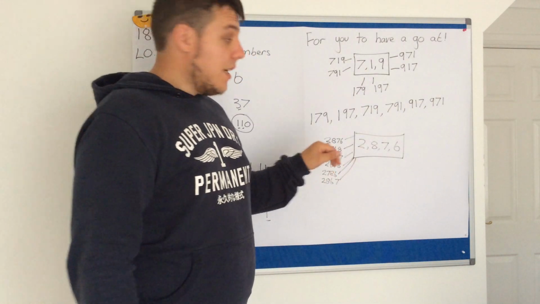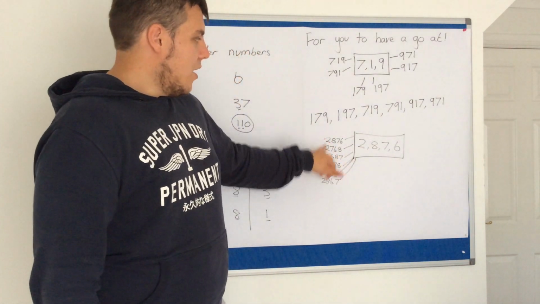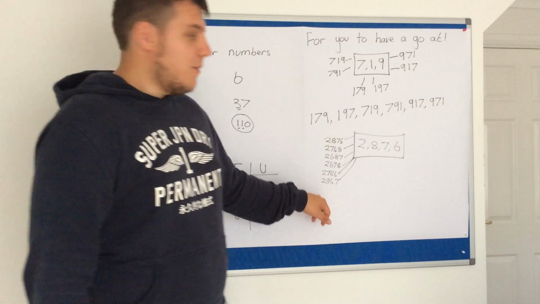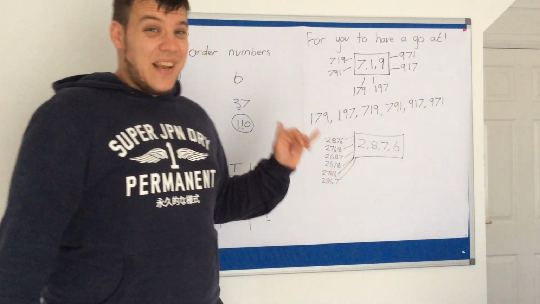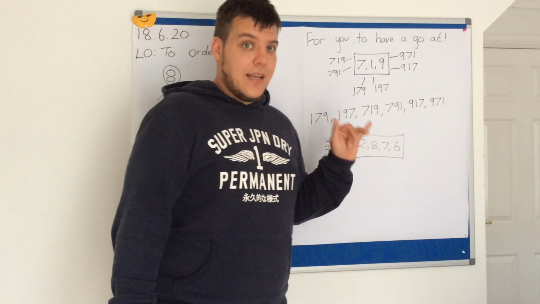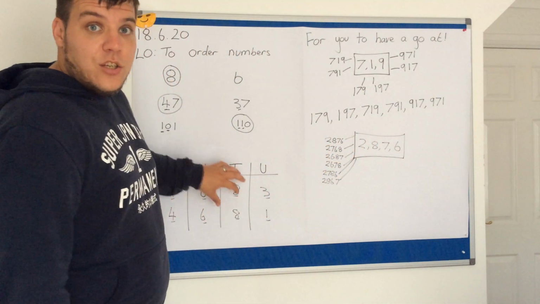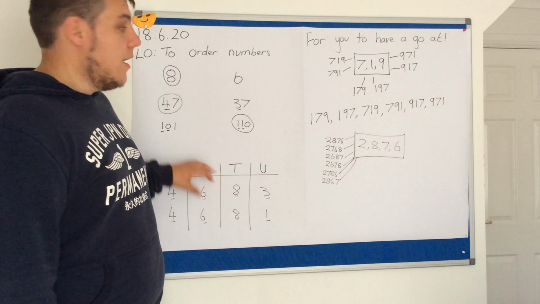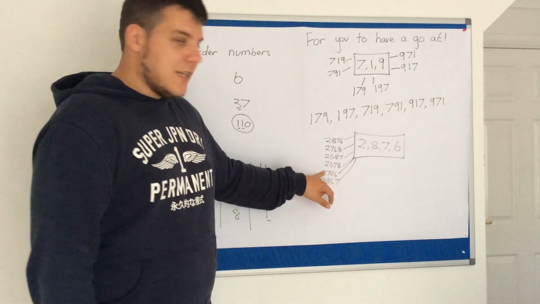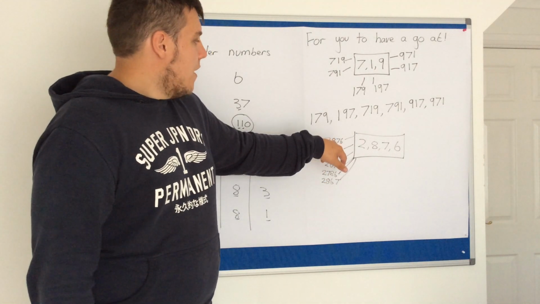If you want to challenge yourself, could you do 4 digits? Can you make all 24 numbers, and then could you put them in order? And like I say, that'll be a toughie for you. Remember, place value grids, you can use these to really help you. And remember, starting off with the biggest value if you're trying to find the smallest.